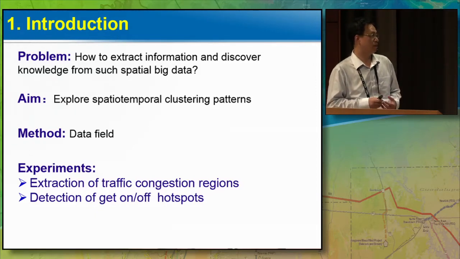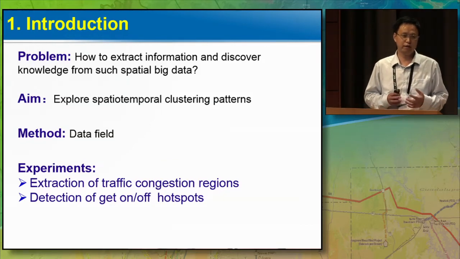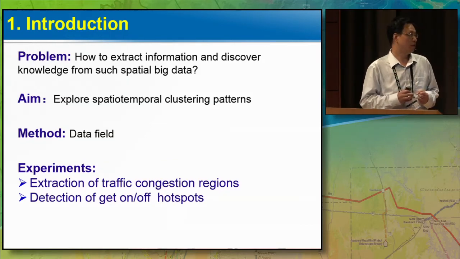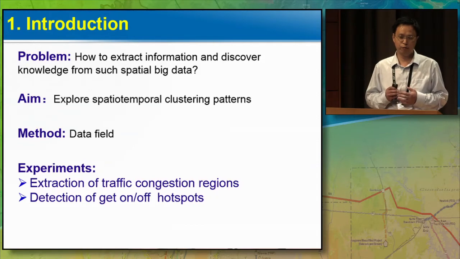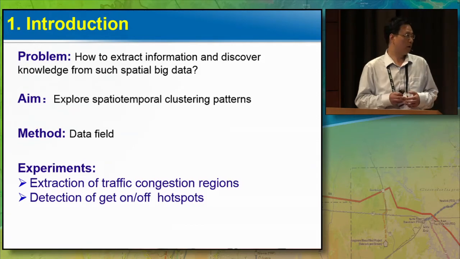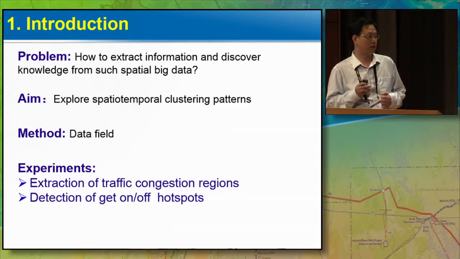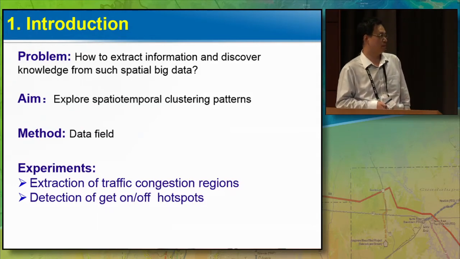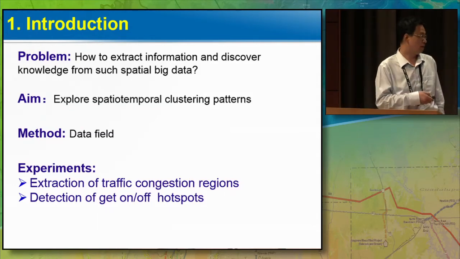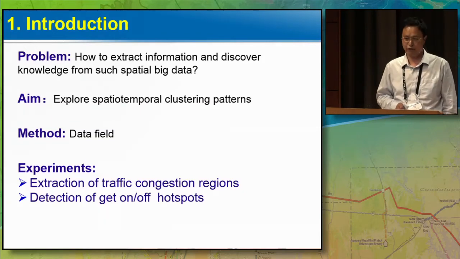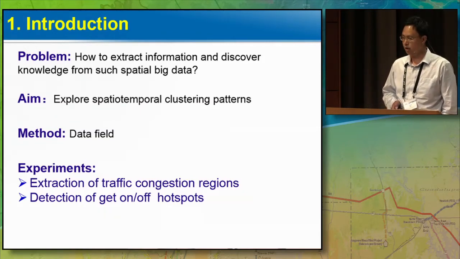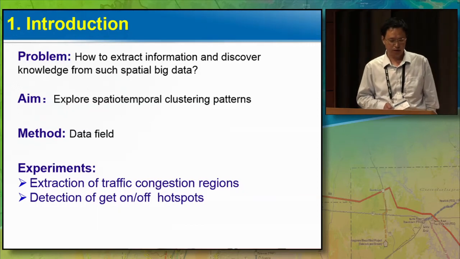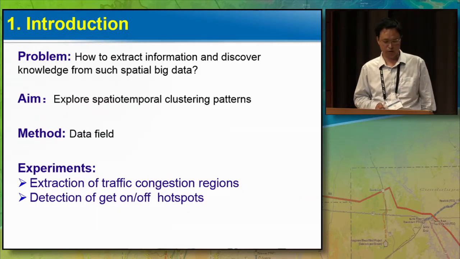And our method is data field. Data field is a theory which introduces some theory from physical field. I will introduce this theory in the next slides. Two experiments are carried out by us. One is the extraction of traffic congestion regions. Another is the detection of get-on and get-off hotspots.